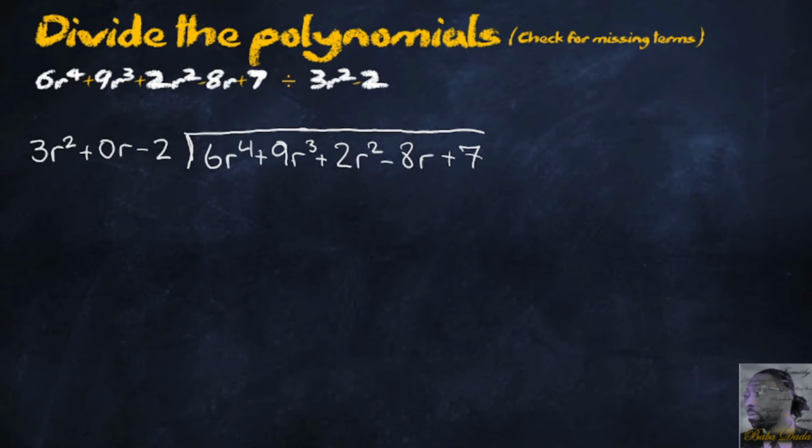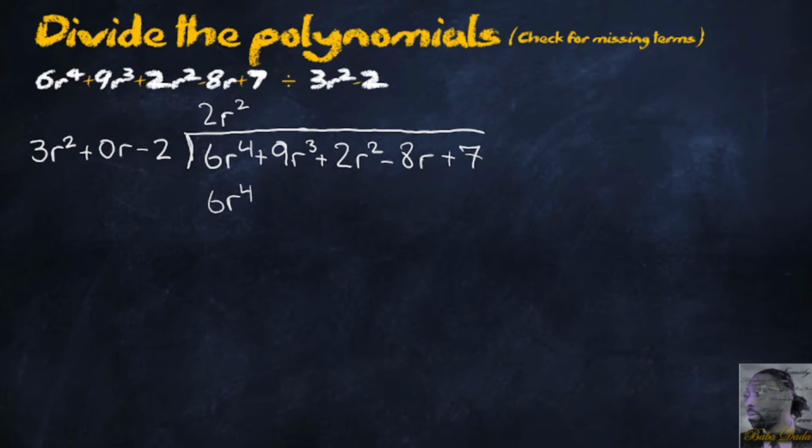So we need a number to multiply by 3r squared to give us 6r to the 4th. And that number is going to be 2r squared. 2 times 3 is 6. r times r is r to the 4th.